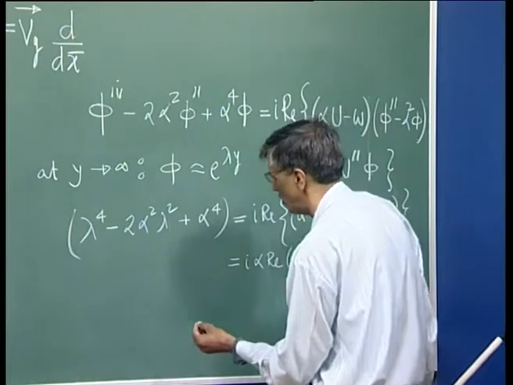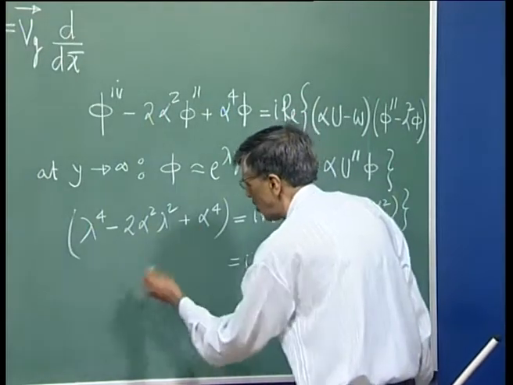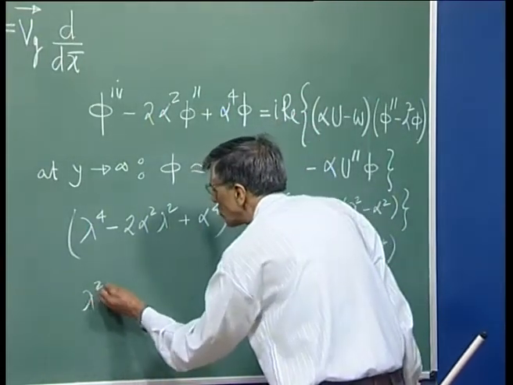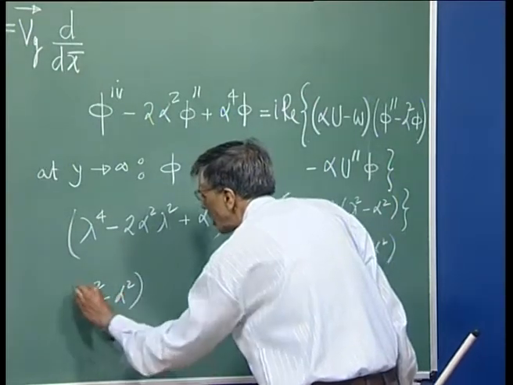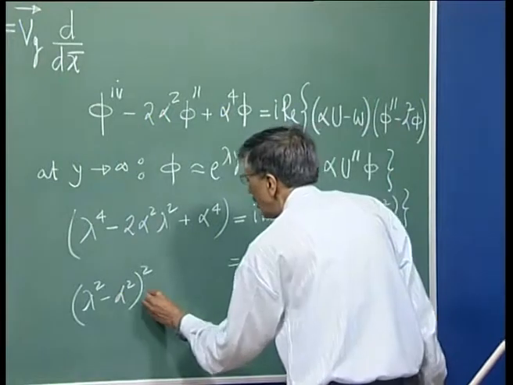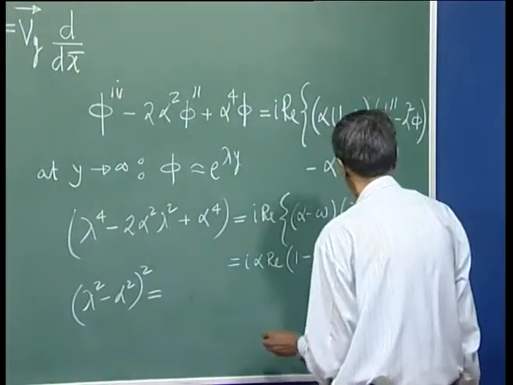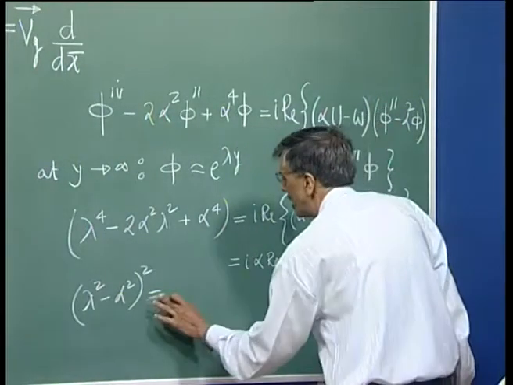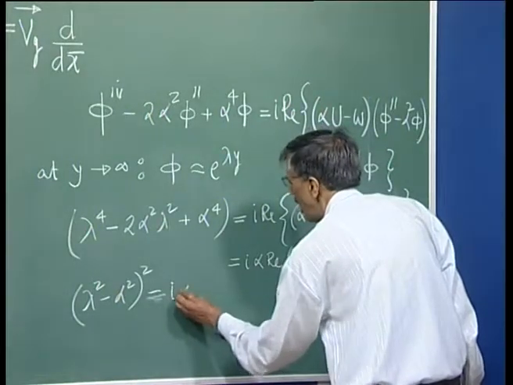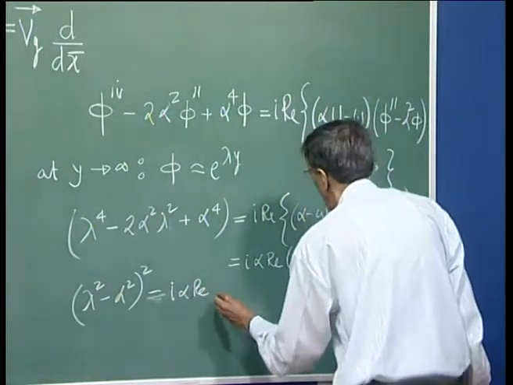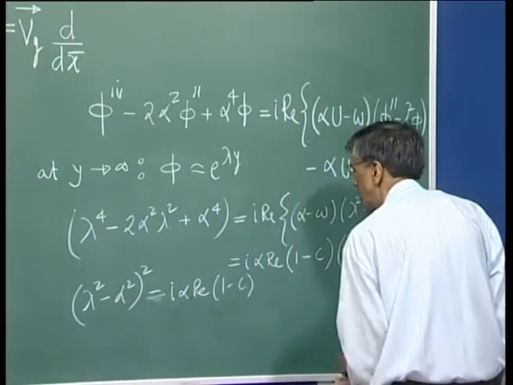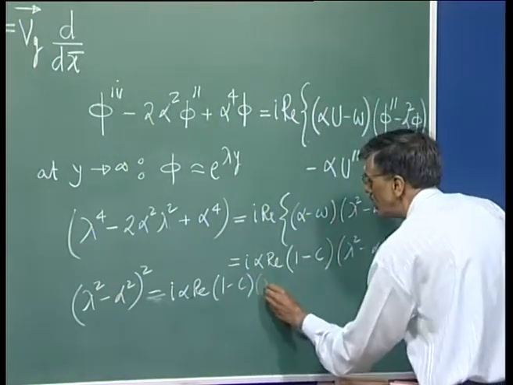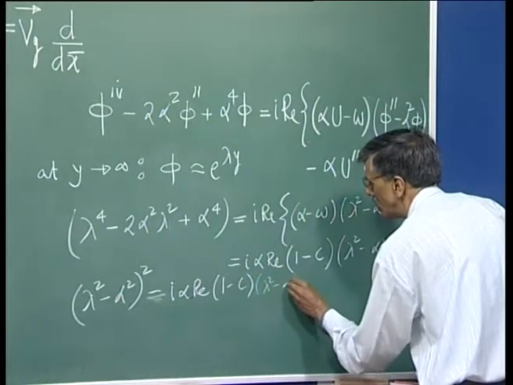This is alpha square minus lambda square, minus alpha square whole square, and that is equal to minus of i alpha R e into 1 minus c, and then I have lambda square minus alpha square.